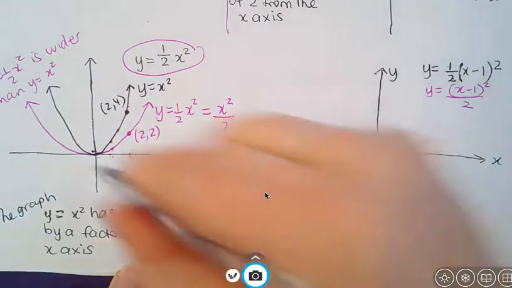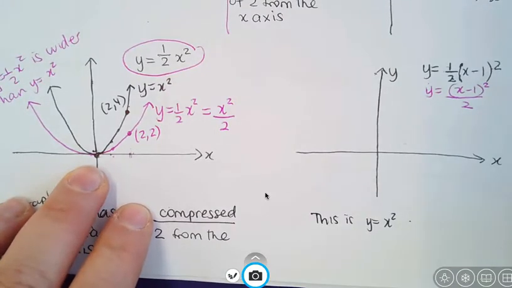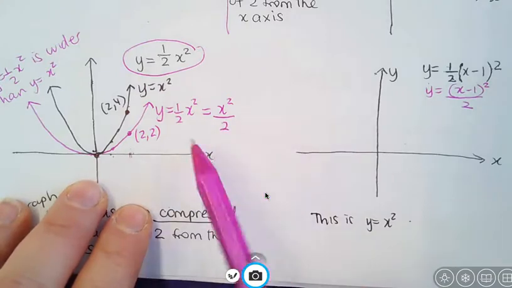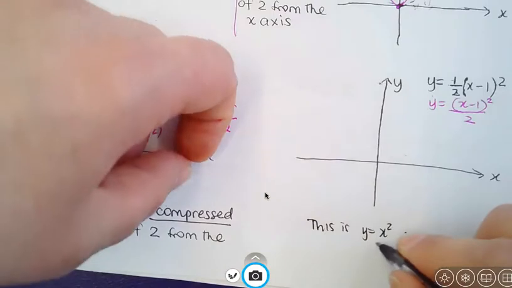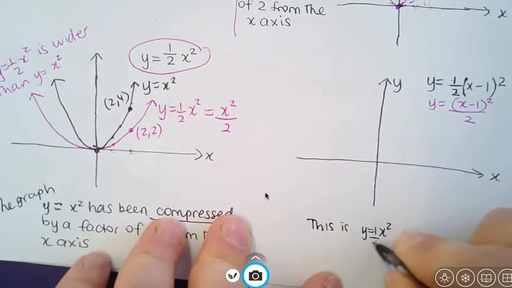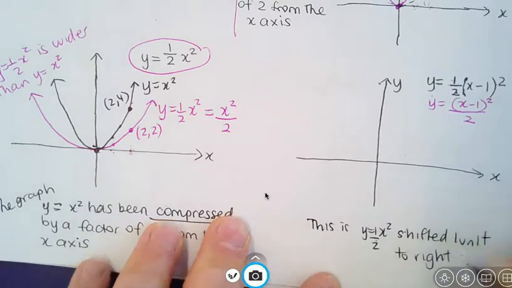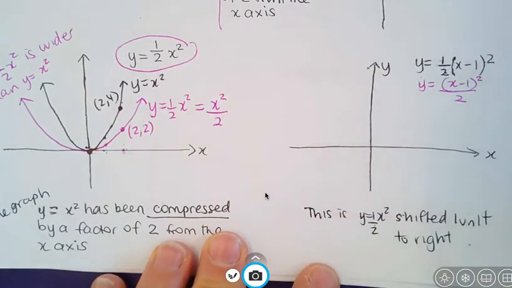So we're shifting the pink one 1 unit to the right. So this is y equals x squared on 2, or a half x squared, shifted 1 unit to the right. All right, so just shift your pink one 1 unit to the right.